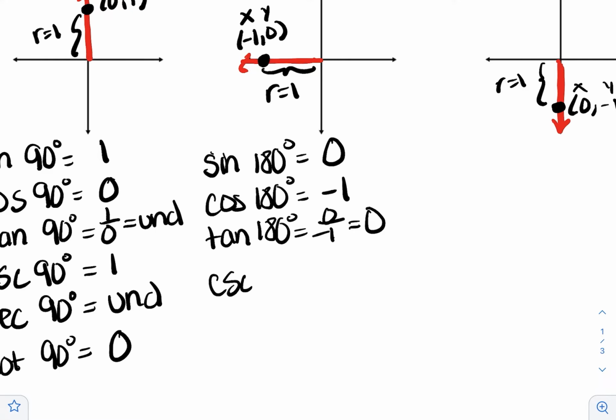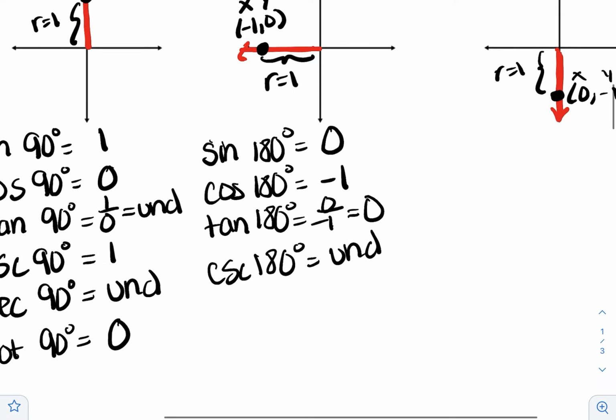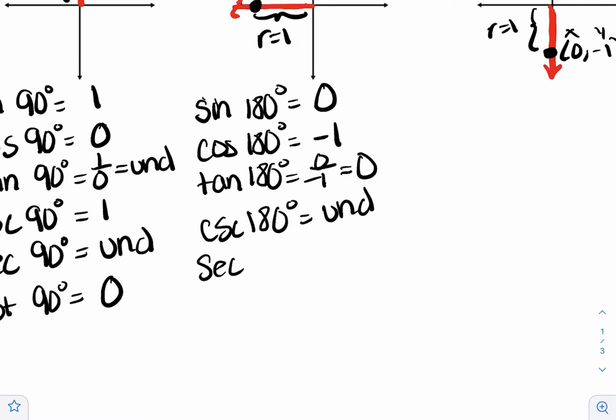The cosecant of 180, the reciprocal of 0, is undefined. The secant of 180, the reciprocal of negative 1, is negative 1. Now remember, the negative has to come with you in the reciprocal. It doesn't become positive. And the cotangent of 180 degrees, negative 1 over 0, the reciprocal of tangent, is going to be undefined. So again, in this one, cosecant and cotangent are undefined.